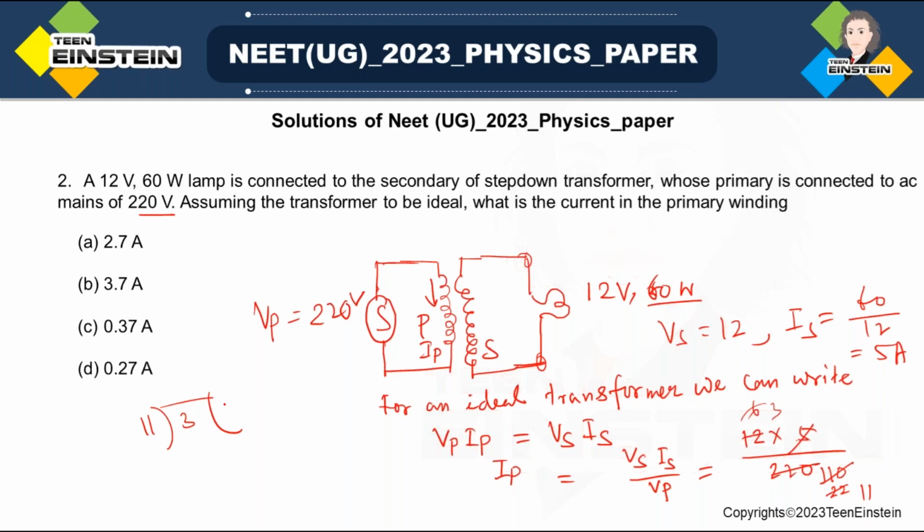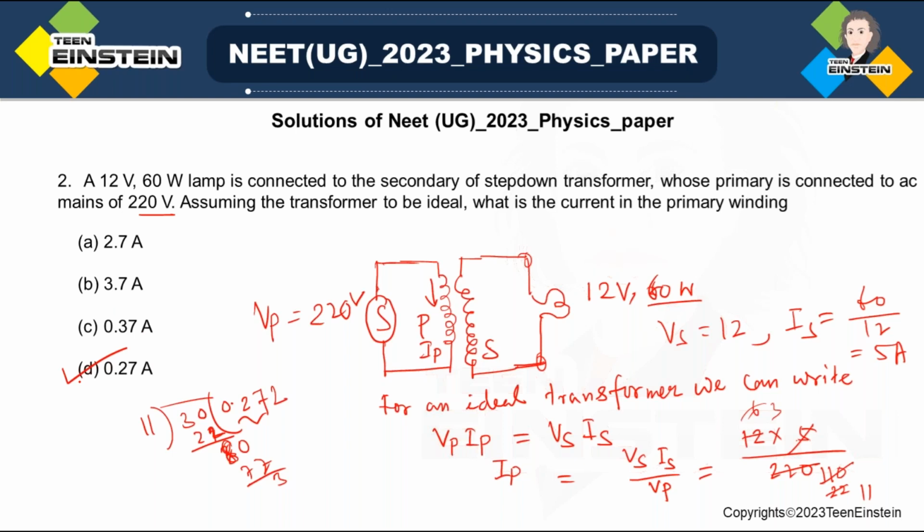We can just go with the decimal, so 22, 20 means 8 here, so it will be 7 here, again 3 will come, so here it will be again 2. So approximately 0.27, 0.27 ampere. So D will be the answer here.